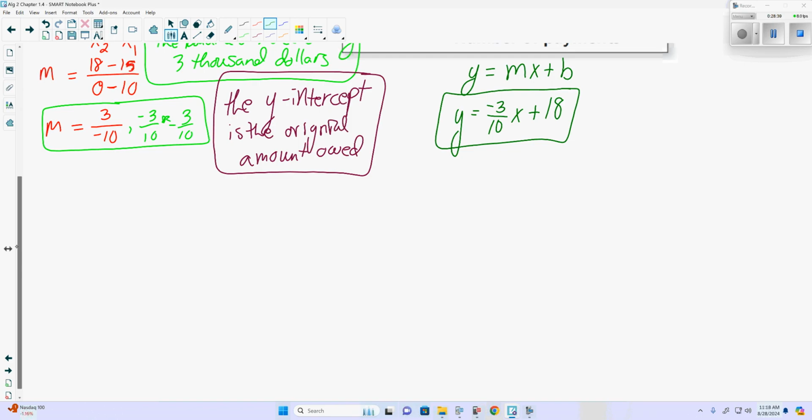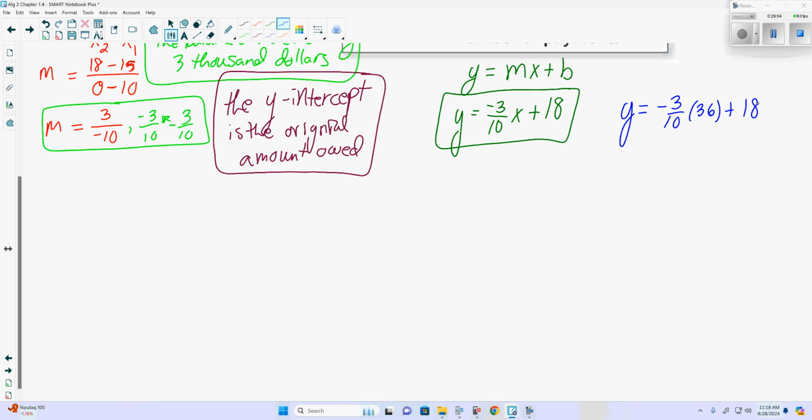The payments is x. So this time we're going to replace x with 36. So you're good. -3/10 times 36 plus 18. This is something they will do, they'll switch from one to the other. The ACT is known for doing that.